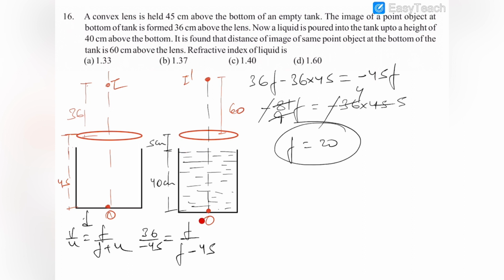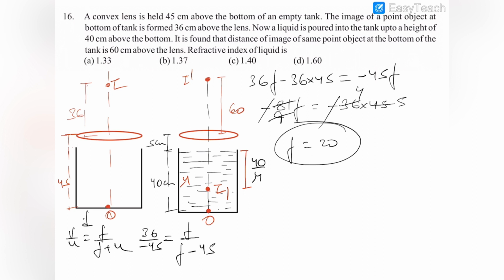Now if this beaker is filled with water, the light ray coming from this object would suffer refraction at this surface, and the refraction image of this object would be the object for the lens. The refraction image would be slightly up. If the refractive index is mu, this distance will be 40 by mu.